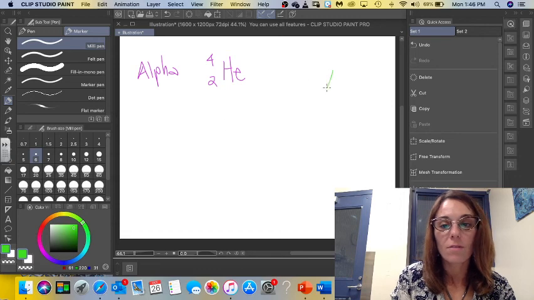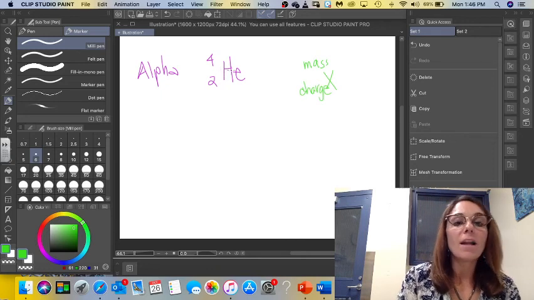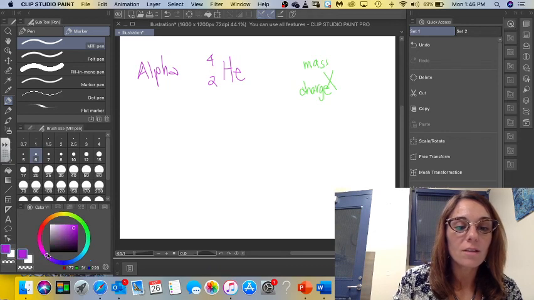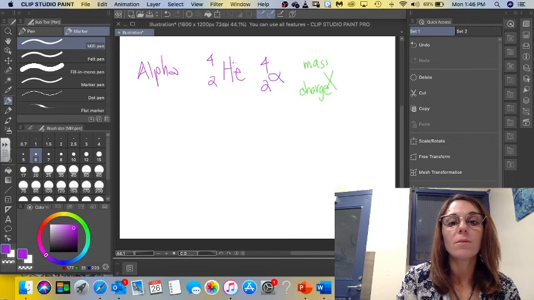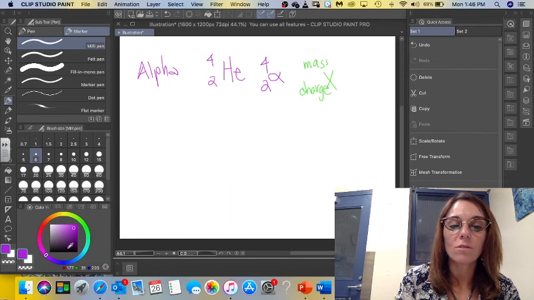Okay, so here we have the symbol. We put here the mass and the charge. Another way that you will also see this alpha particle written is still with the 4 and the 2, but sometimes you will see the alpha symbol instead of the helium. These are both interchangeable. It doesn't matter which one you use.